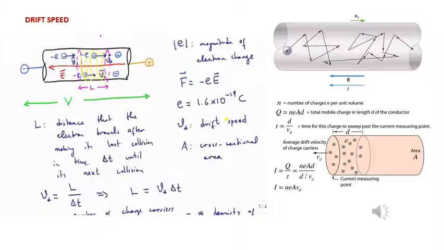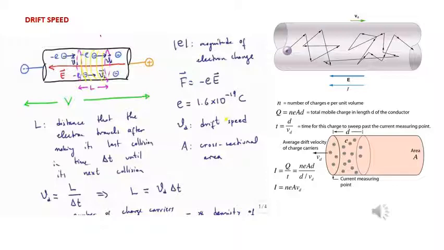Due to that electric field, every electron will experience a force. You know, in electrostatics, force is equal to QE, and here Q is basically the charge on one electron, that is small e, and capital E is electric field. So the force experienced will be small e into capital E.